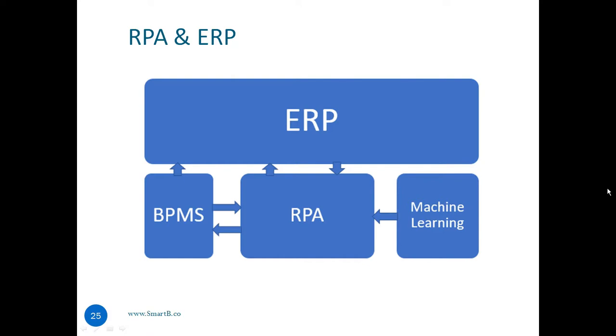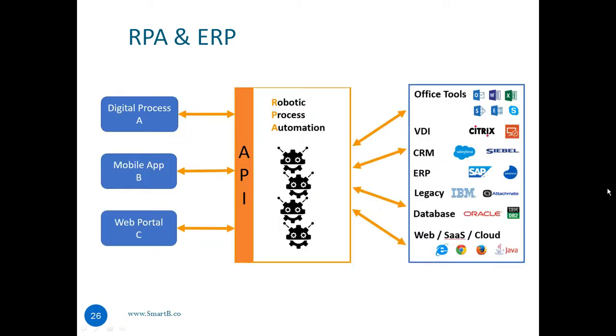Just to be clear, RPA is not machine learning, but it will be working hand in hand with them. RPA is a bit like an API where they integrate digital processes, mobile applications, and web portals into a company's main system. Right? It could be multiple variations of it.